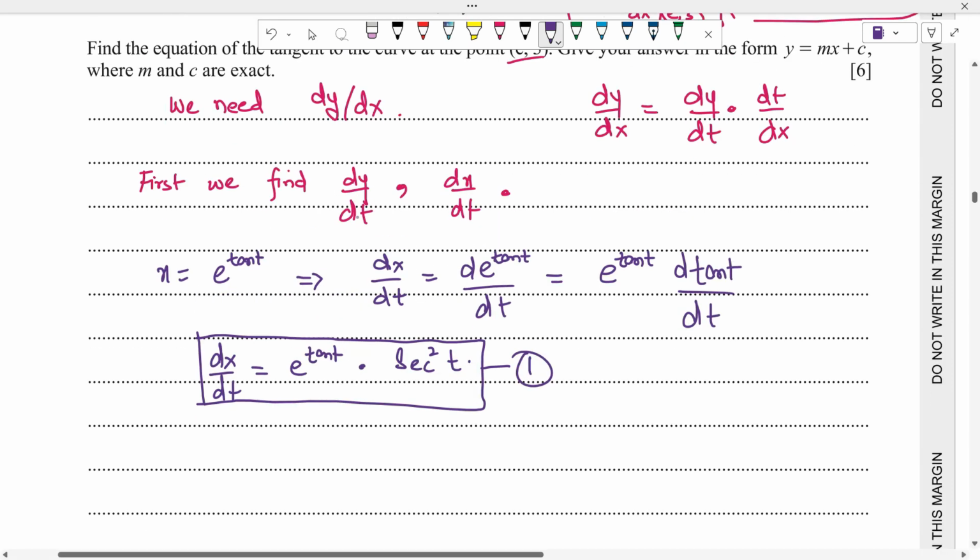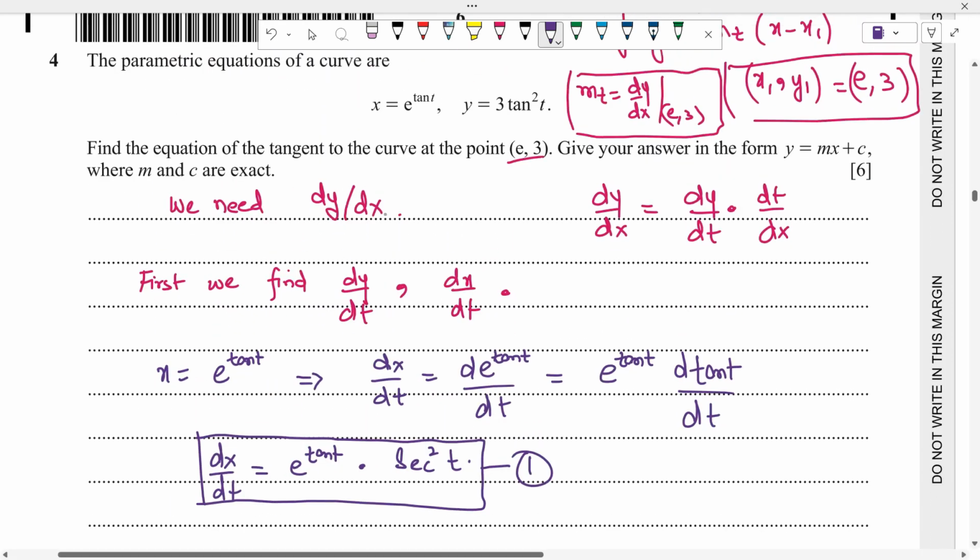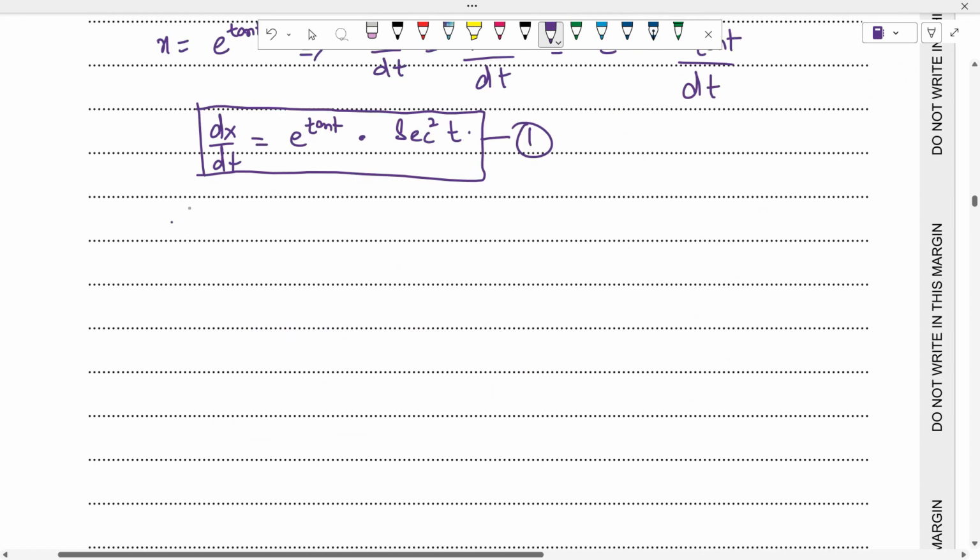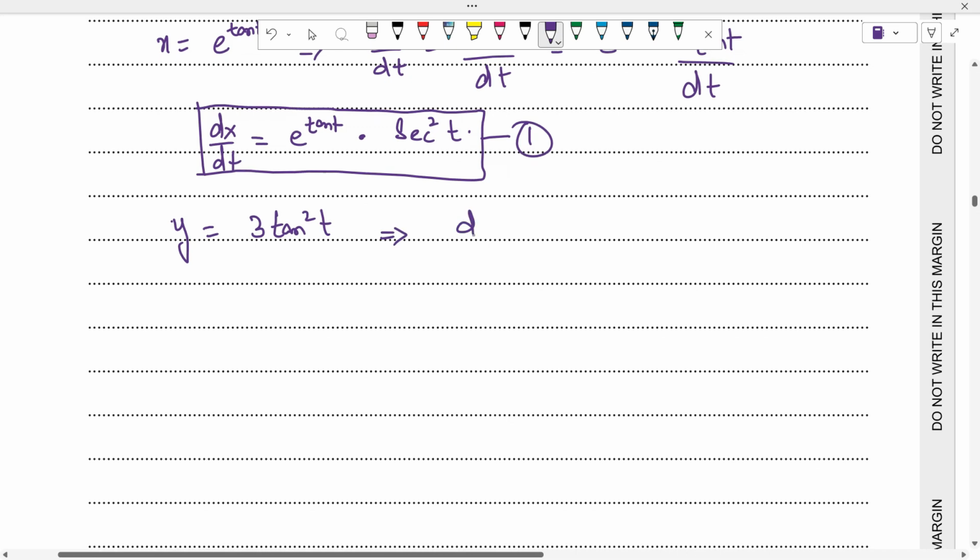Now we will find dy/dt. We have y equals 3 tan squared t. So dy/dt: the multiple 3 remains the same, and then the derivative of tan squared t with respect to t.